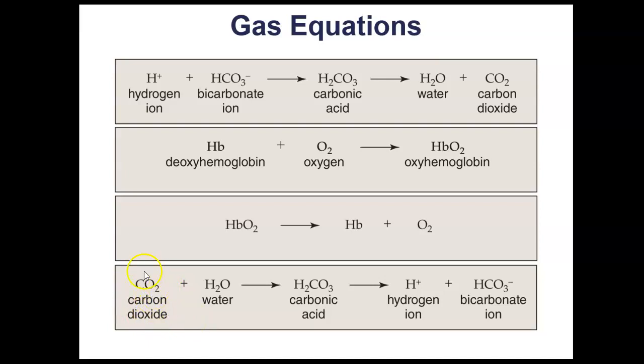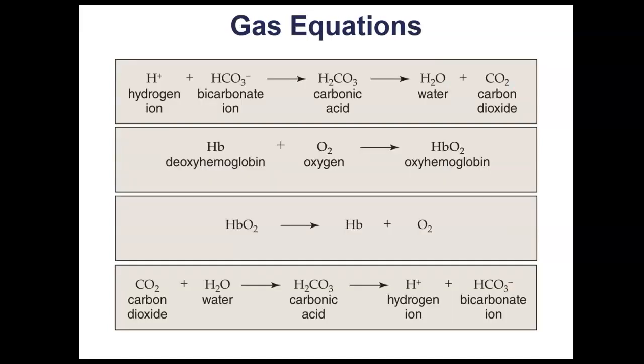So when carbon dioxide enters your blood plasma, which is 92% water, it forms carbonic acid and immediately dissociates into hydrogen ions and bicarbonate ions. So the carbon dioxide is converted to bicarbonate and travels through the blood in the plasma mostly as bicarbonate. But the rest of the carbon dioxide travels attached to hemoglobin.